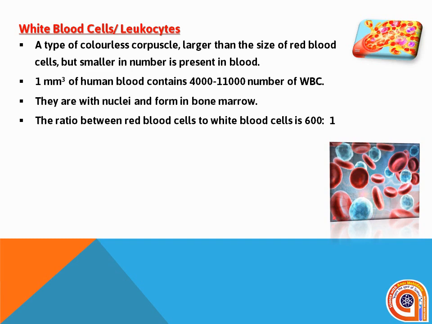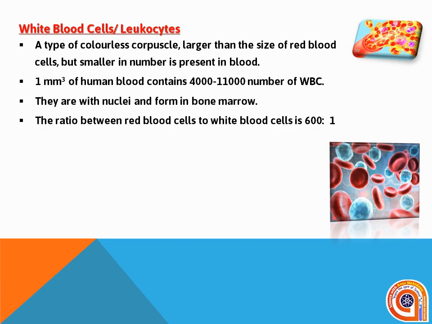They have nuclei and form in bone marrow. Since there is a big difference between the numbers of RBC and WBC, the ratio of red blood cells to white blood cells is 600 to 1. There are three differences between red blood cells and white blood cells.